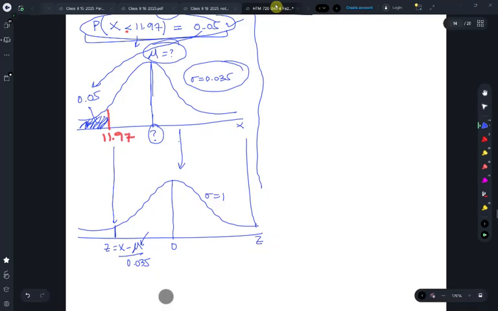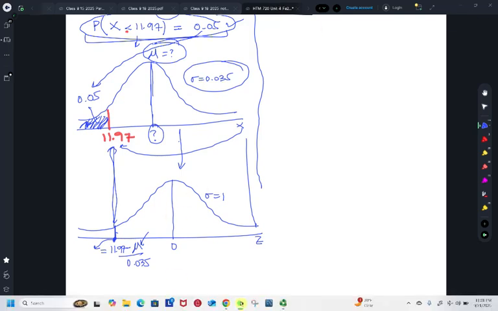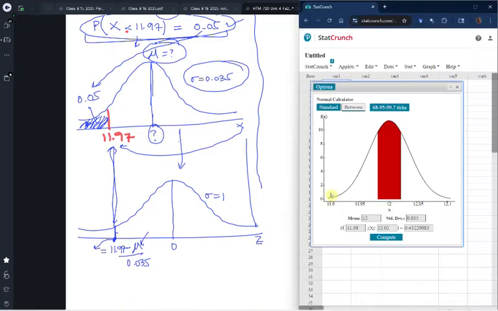And what is the z-score? Well, what is your x-score? Our x-score is 11.97. So I'm going to change my x here to 11.97. And what is the z-score here that corresponds to 11.97? To find that, I can go to the standard normal distribution.